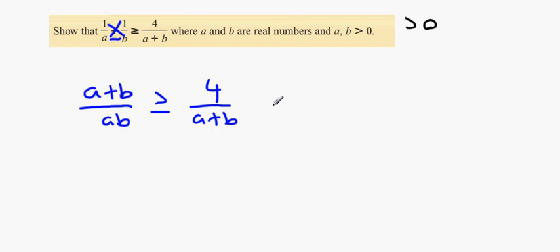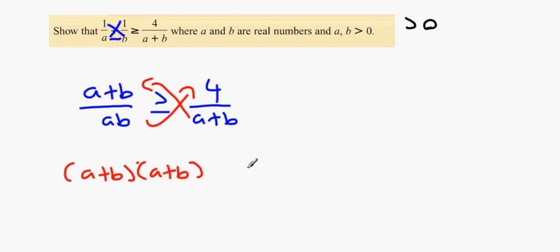2 plus 3 equals 3 plus 2. We're going to cross multiply, and what we get is a plus b squared, or a plus b multiplied by a plus b, and on the other side we're going to get greater than or equal to 4ab.